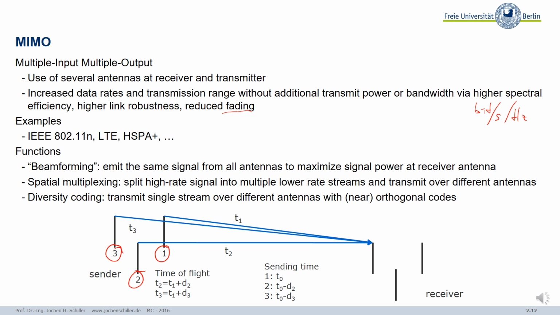They all emit the same signal, but with a slightly different phase, in a way that the signal can be composed in a constructive way at certain points in space. So the antenna that is a little bit further away first starts with transmitting the signal, then antenna 2 in our case, then antenna 1, and then all those signals come together at certain points.